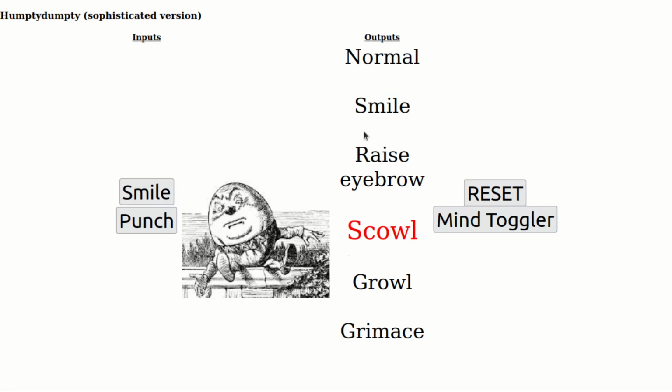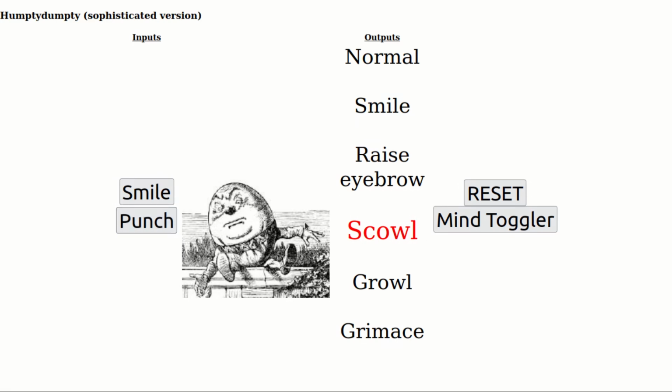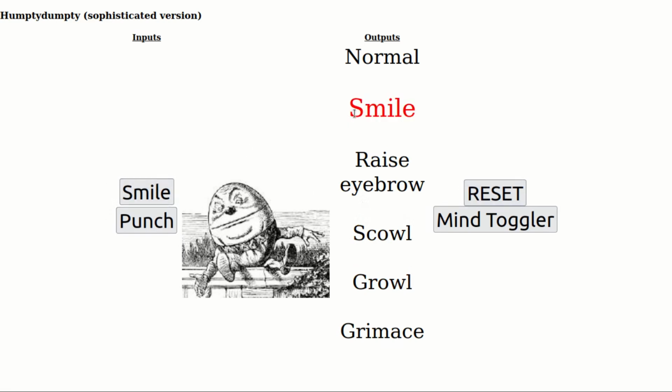So this one clearly is more sophisticated, and you can see that it has a memory because it could distinguish the first punch from the second. For example, when I punched it for the first time, it was surprised. Then when I punched it for the second time, it scowled, and so on. If I just smile at it right from the beginning, it will just smile back.